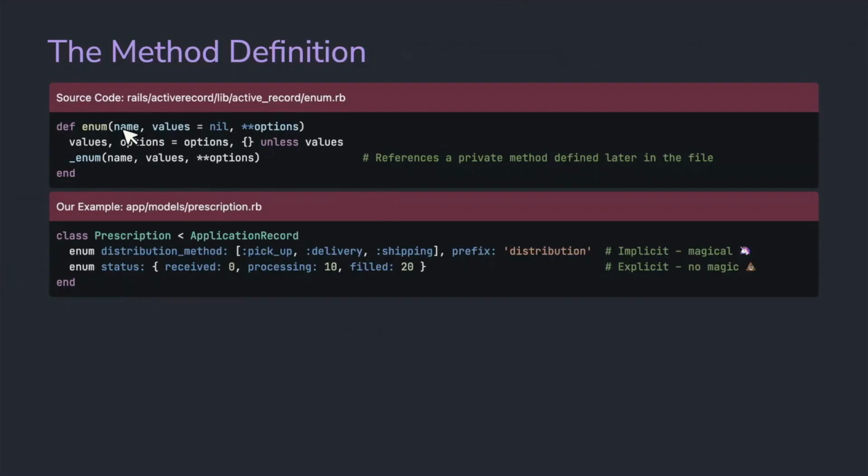But for now, the name maps to the name of the enum attribute, so distribution method or status. The values maps to the array or hash that's passed in, and options is whatever comes after that, right?